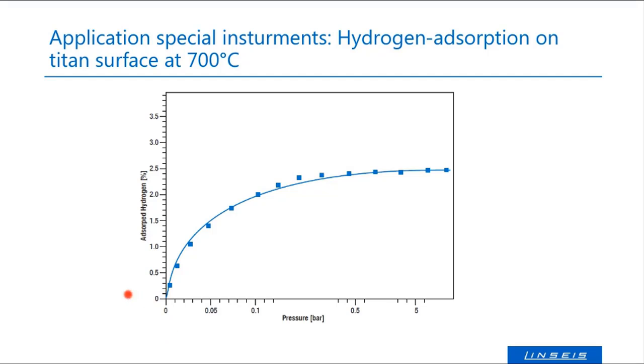This curve here shows an absorption experiment at a titanium surface. So titanium is a known hydrogen adsorbent, and what was done here was the titanium sample was heated to 700 centigrades, and then at 700 centigrades, the chamber was evacuated and hydrogen was filled in.